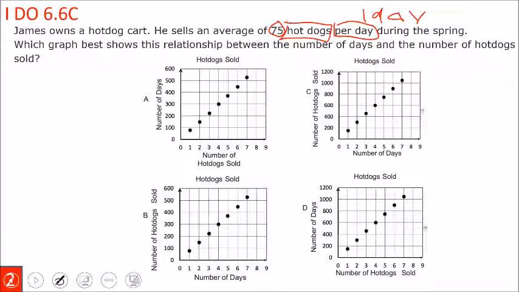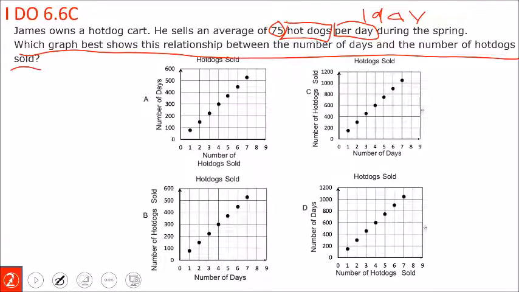Which graph best shows the relationship? So we're going to underline our question. And then we are going to go in and box the important words, and we just did that. Miss Teiglin was ahead of that. Miss Teiglin also says that I need to evaluate.